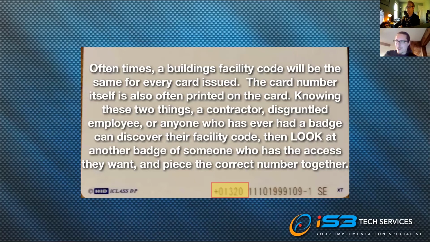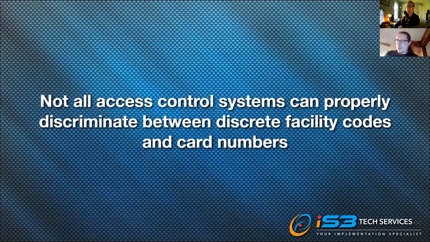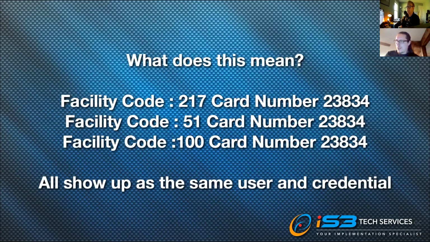Combining that with the Proxmark, now you're that person to the building and you have their access. Not all access control systems are set up to even look at a facility code, so you might not necessarily even have to do that. What this means, these different facility codes with the same card number all show up as the same user.